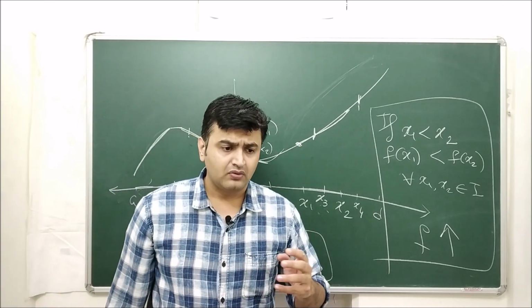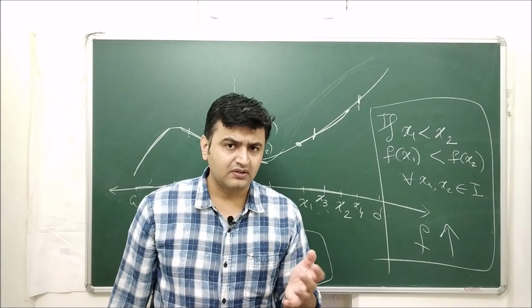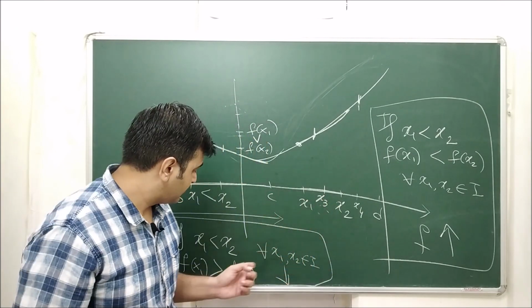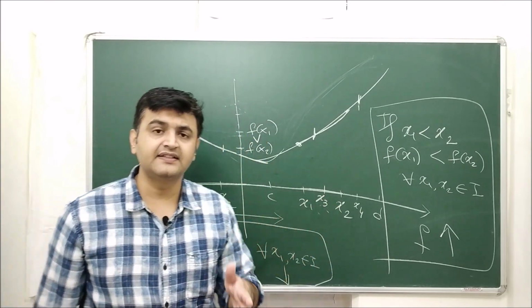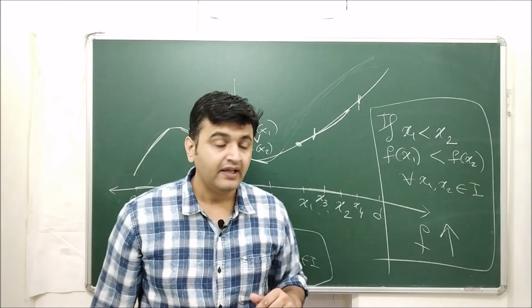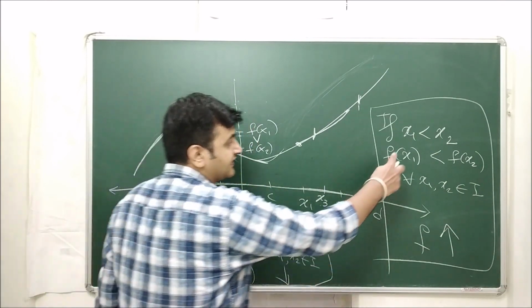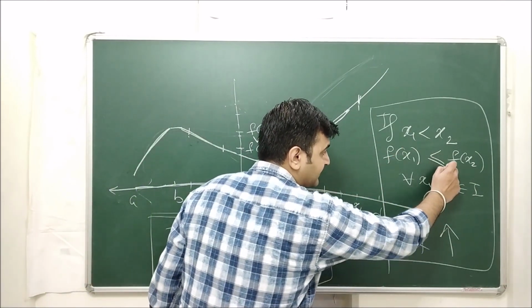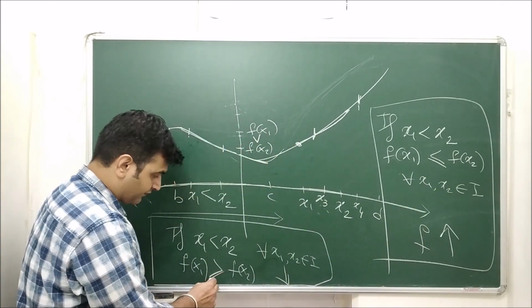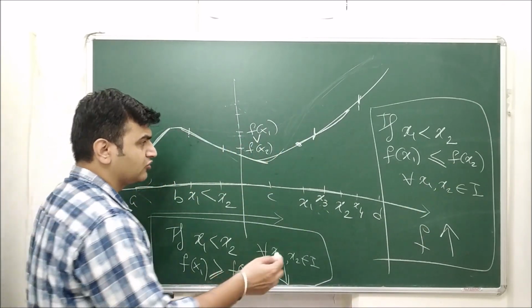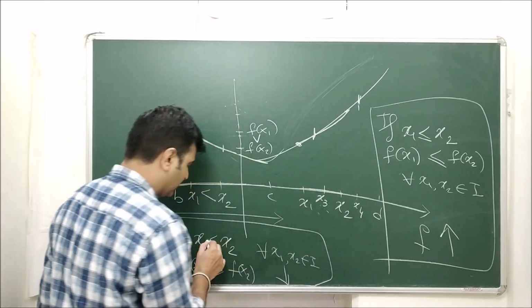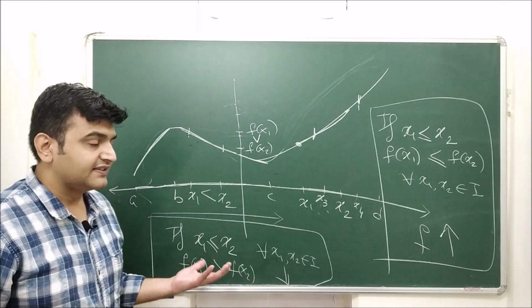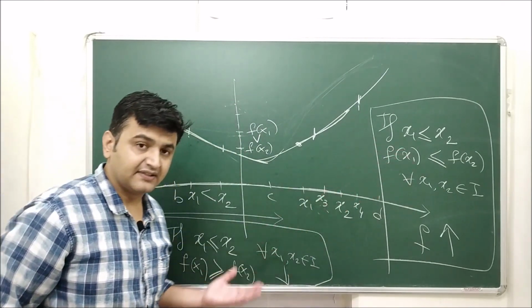Now, some authors divide this into two parts, like increasing and strictly increasing. What some people do is, if x1 is less than x2 and the images satisfy less than or equal to, then people say that this is an increasing function, and similarly the decreasing function.